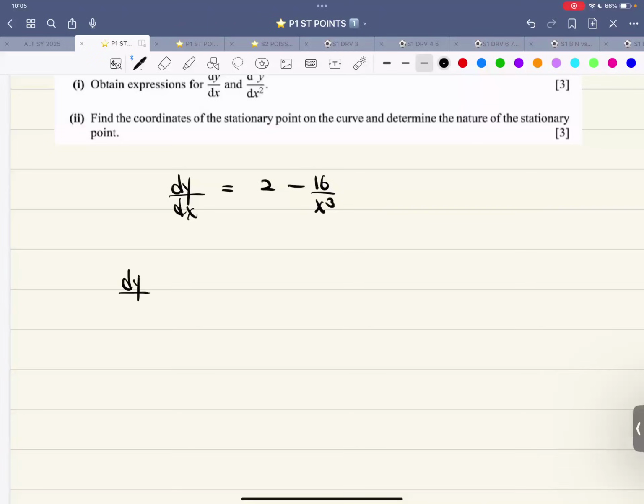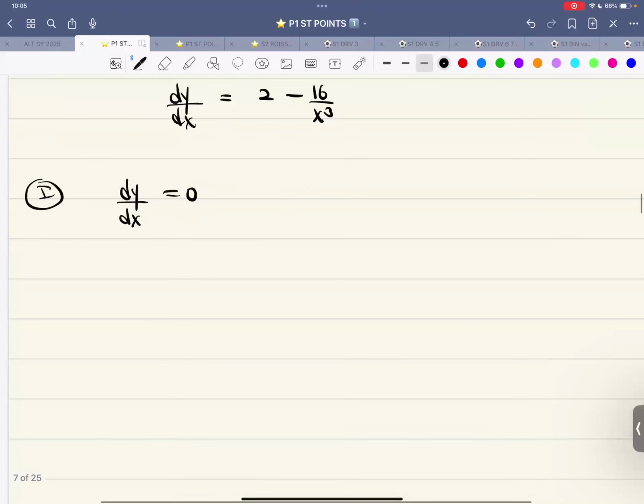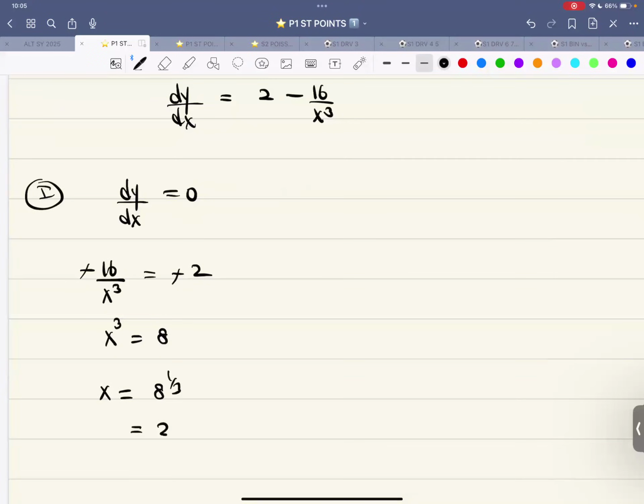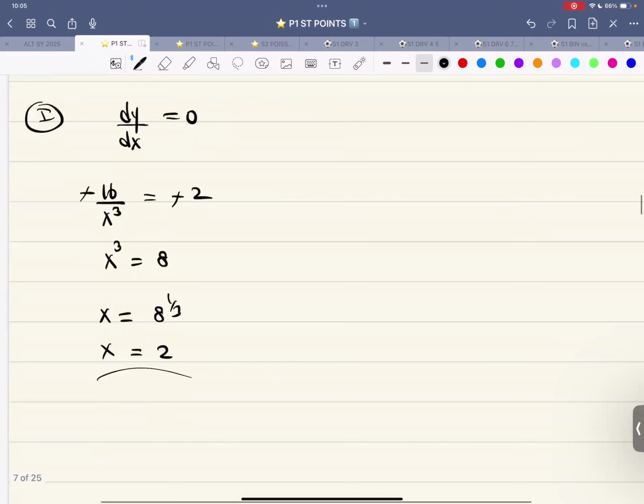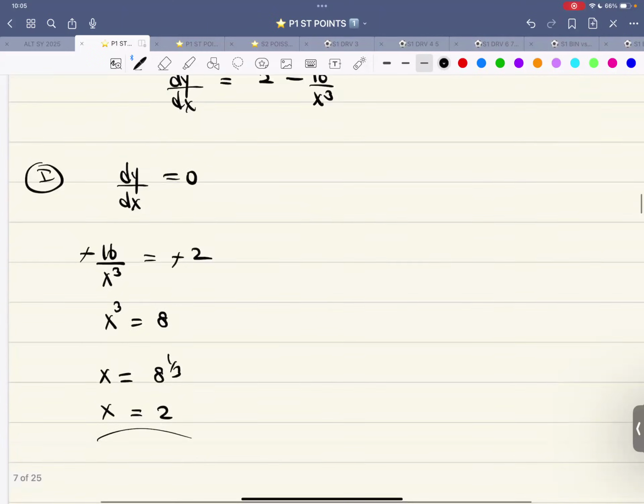So dy by dx equals 0, first step. So negative 16 over x cubed is equal to negative 2, negatives cancel. x cubed is equal to 16 over 2, which is 8. Therefore, x is the cube root of 8, which comes out to be 2. A positive value will give a positive cube root. A negative value will give a negative cube root.